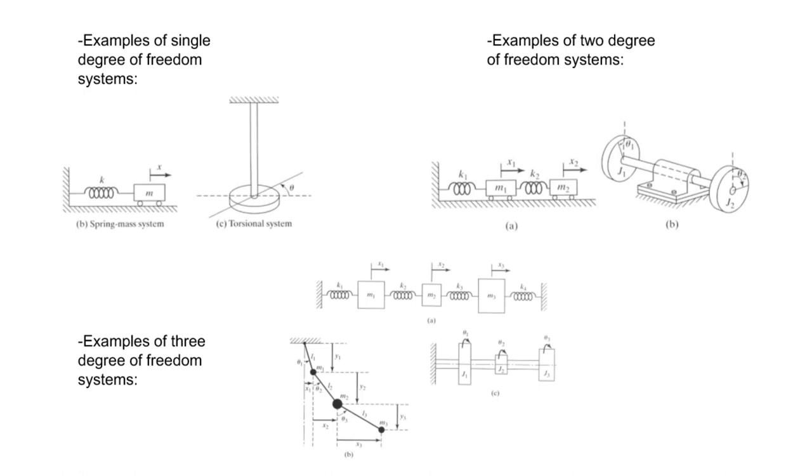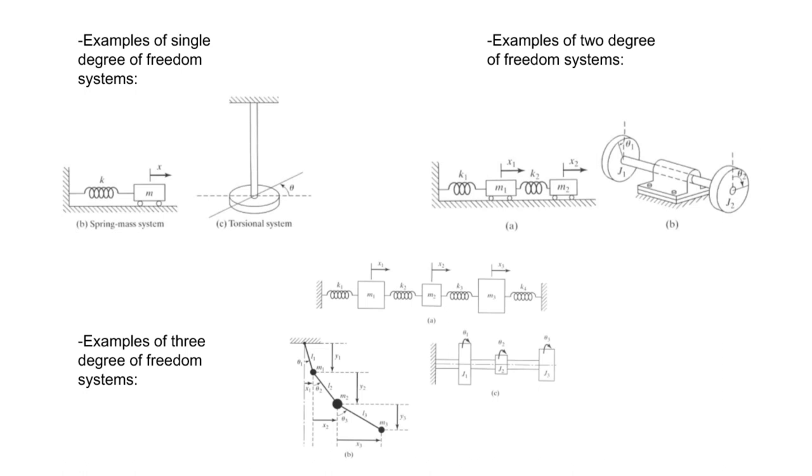Now there may be single degree of freedom systems, 2 degree of freedom systems, or 3 degree of freedom systems occurring in the environment. First we will see the single degree of freedom system.